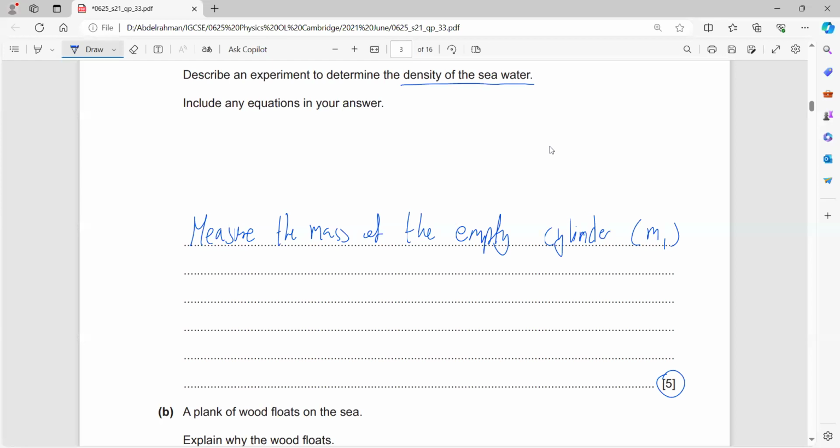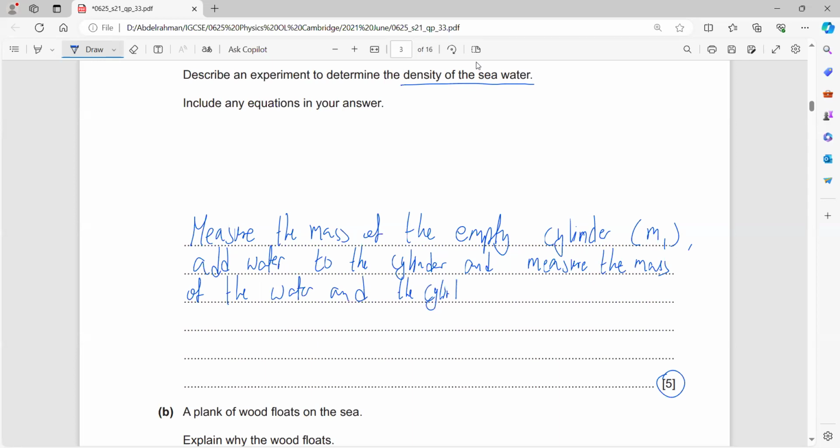That's why I first find the mass of the empty cylinder, then add water to the cylinder and measure the mass of the water and the cylinder together. I will name it M2.